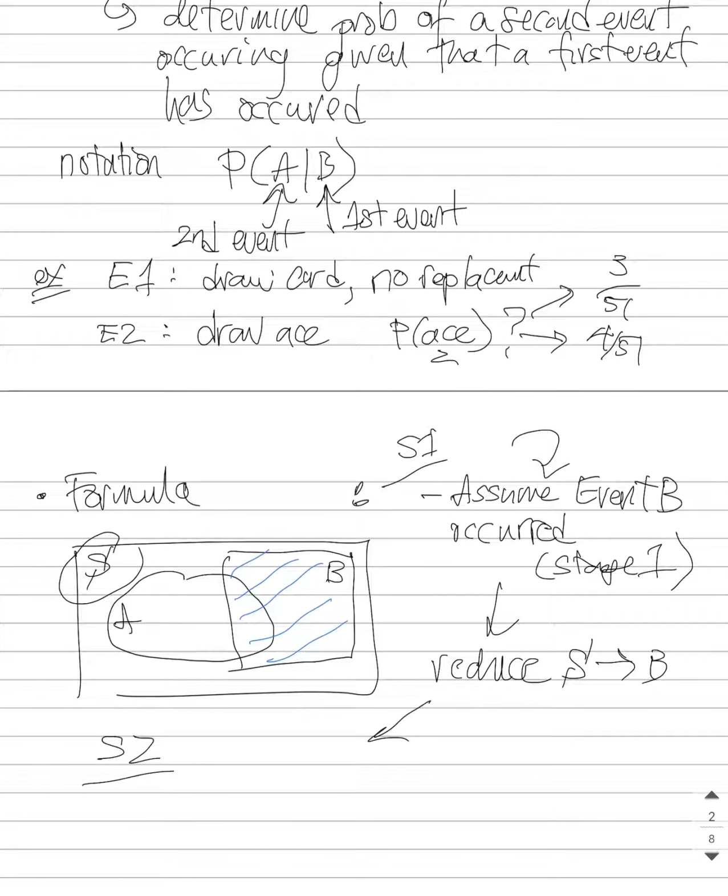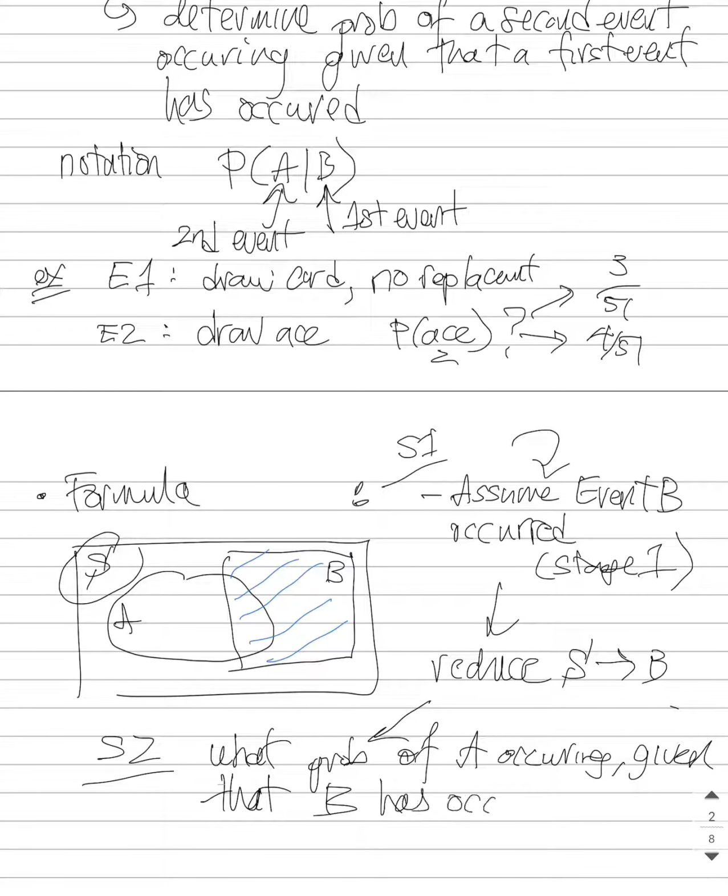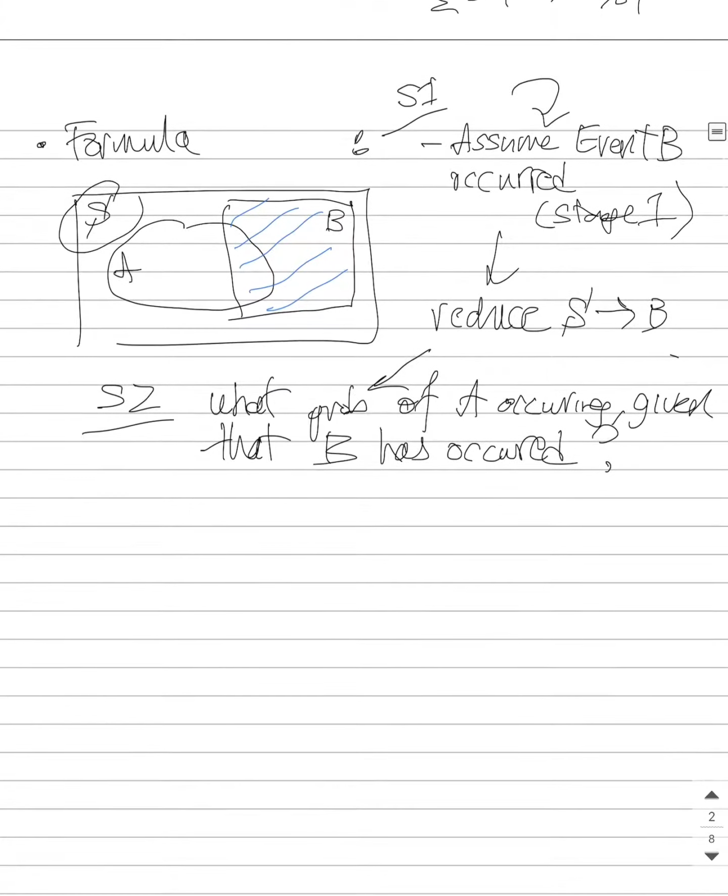That means in stage 2, you are going to ask a question like this: what is the probability of A occurring, given that B has occurred? Now we've reduced our universe, our sample space, to all of box B. There is some portion of it that also has A's.